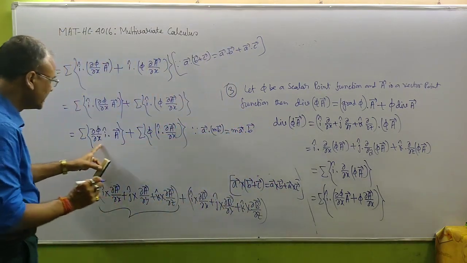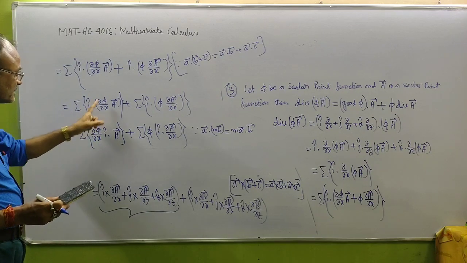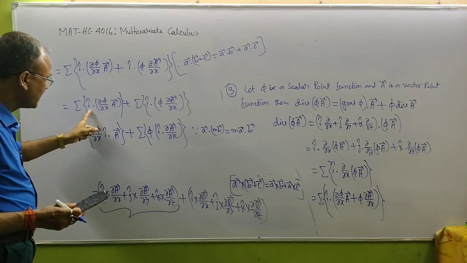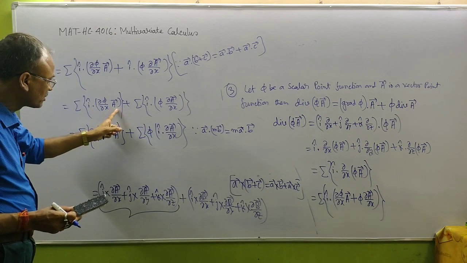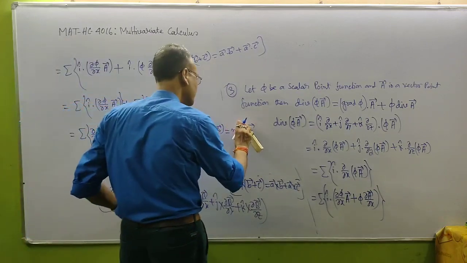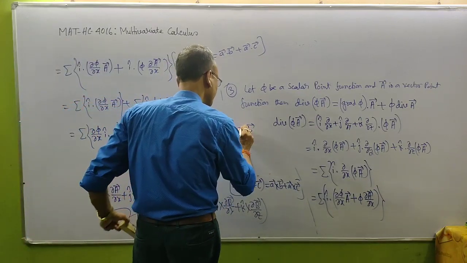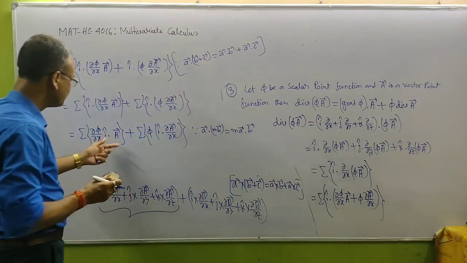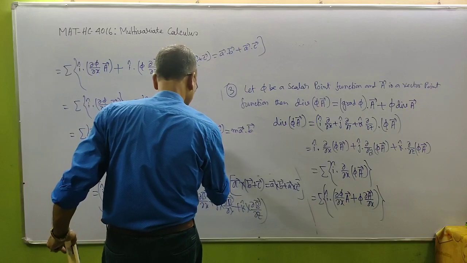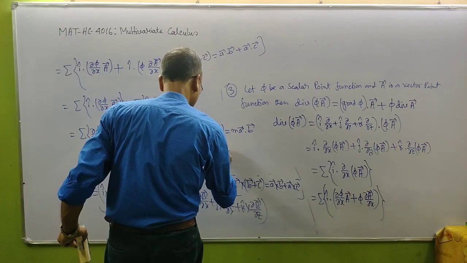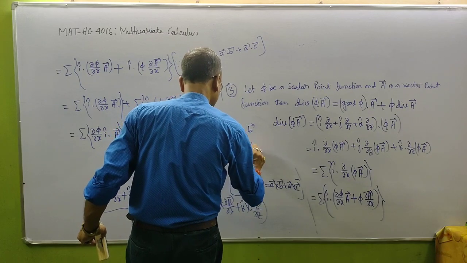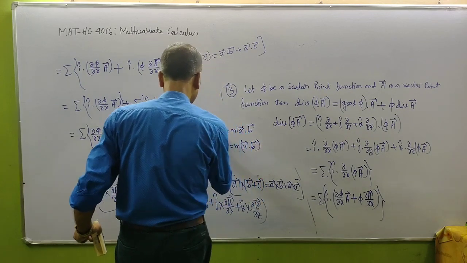We have applied this one here; ∂phi/∂x is a scalar quantity. And here I have applied A dot mB vector equal to m A dot B. We have applied this.